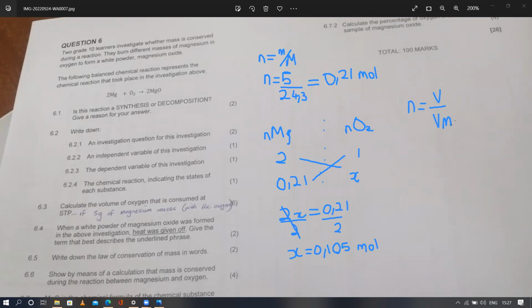So now you have your number of moles, and you know that it's occurring at STP, meaning that your molar volume is 22.4, which is going to be liters per mole.